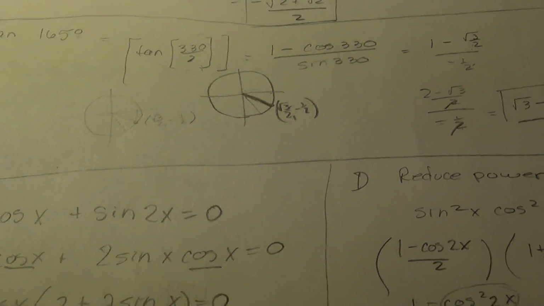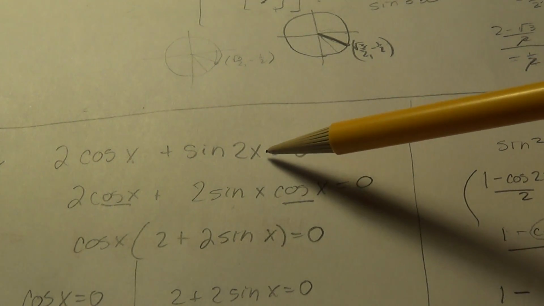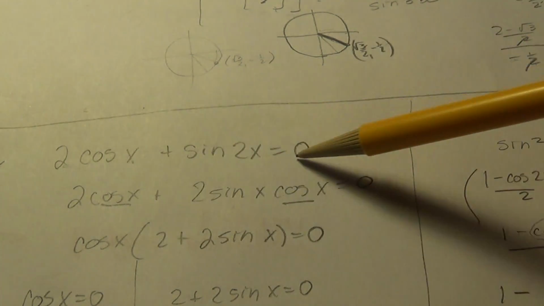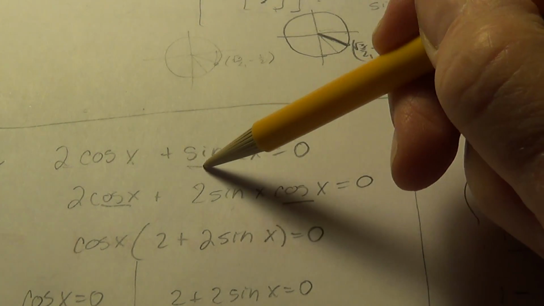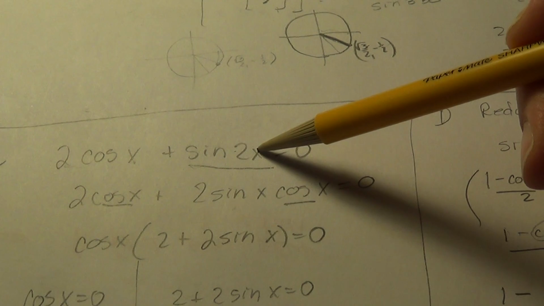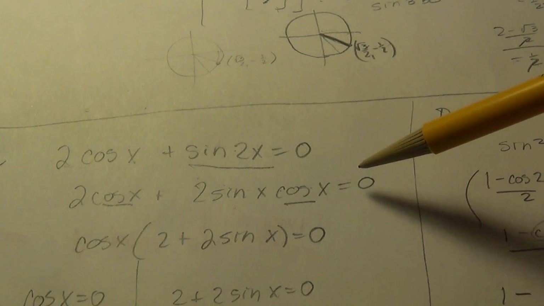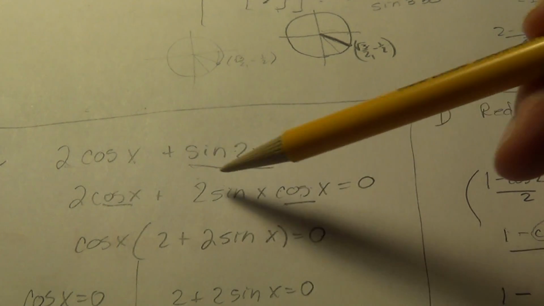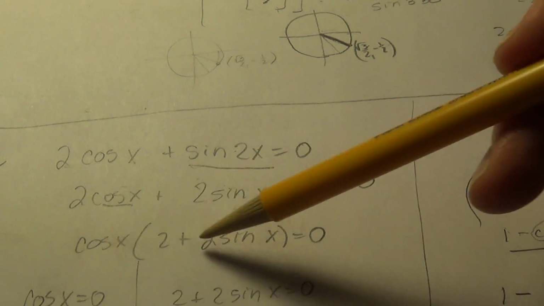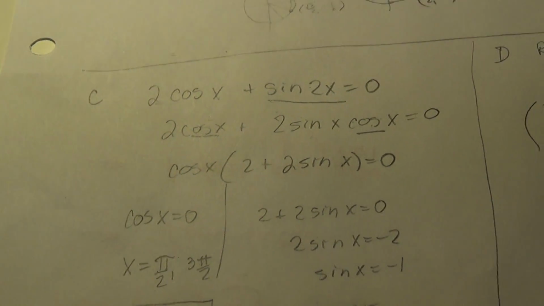All right, third one. This is where we have to use double angle IDs to solve a trig equation. Here is the double angle. I'm going to replace it with its value. Sine of 2x is 2 sine x cosine x. Now I just solve by factoring, pulling out what's common, and setting each branch equal to 0.